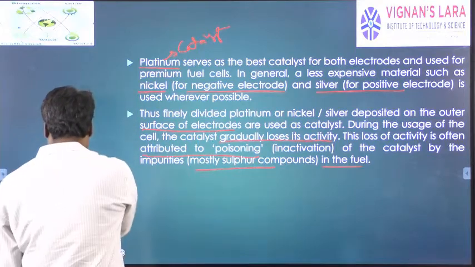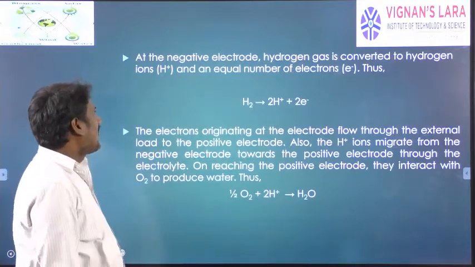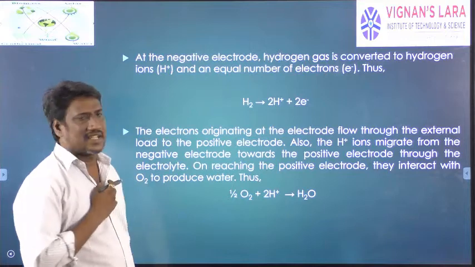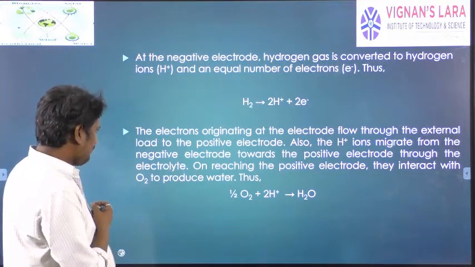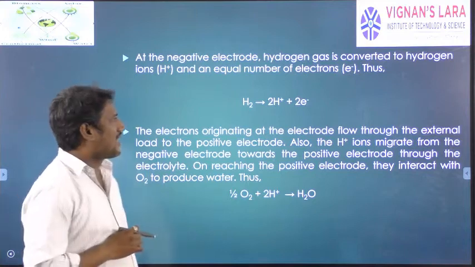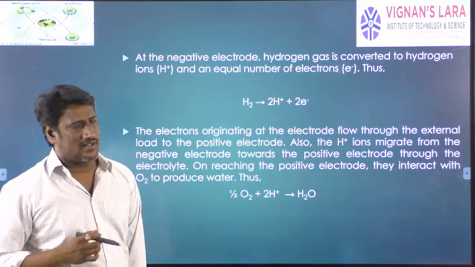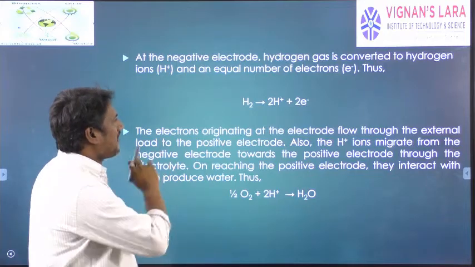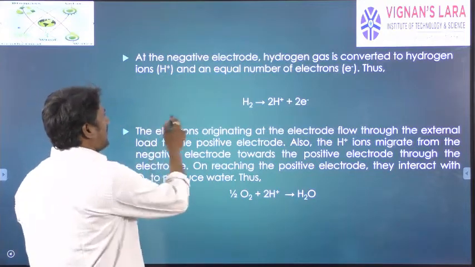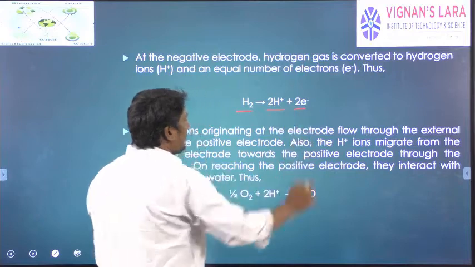Next, at the negative electrode, hydrogen gas is converted, as we have already discussed. Hydrogen is converted to 2H+ and 2e-.